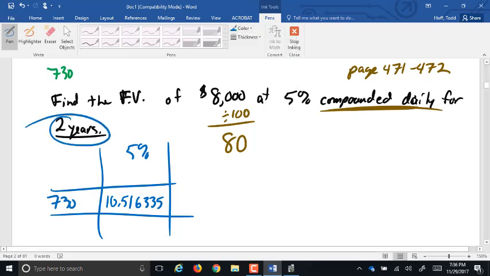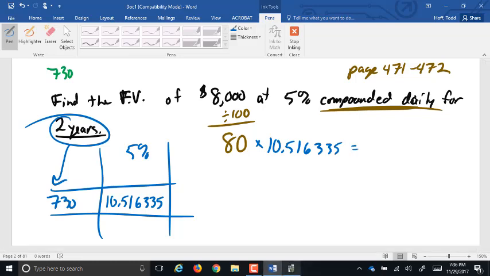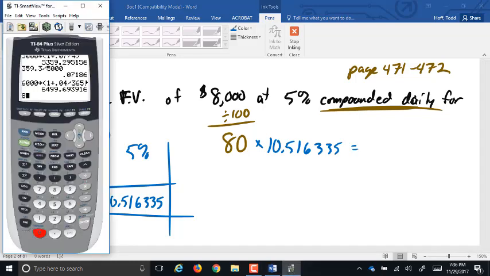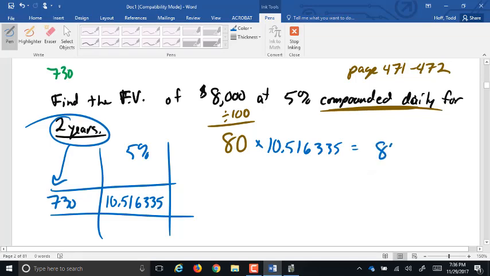Oh, that's 2 years, 2 times 365. So we're going to take the 80 times 10.516335. That gives us 841.31.